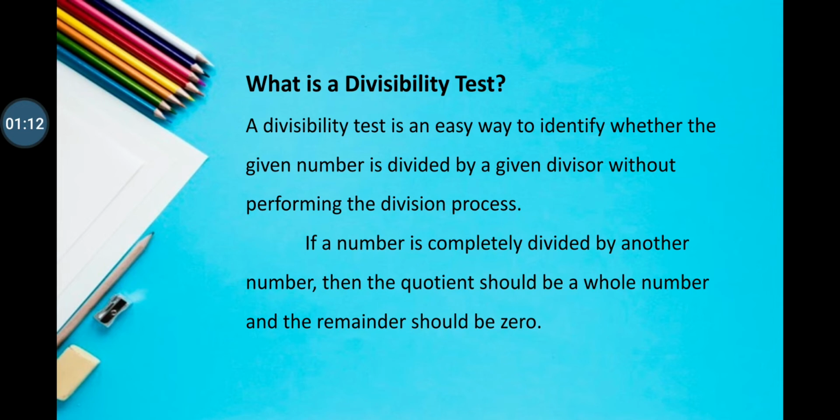The answer of the division is called quotient. Whenever we have a very big number, it's very difficult for us to tell someone quickly that it is divisible by some number. So then we need to perform the divisibility tests.